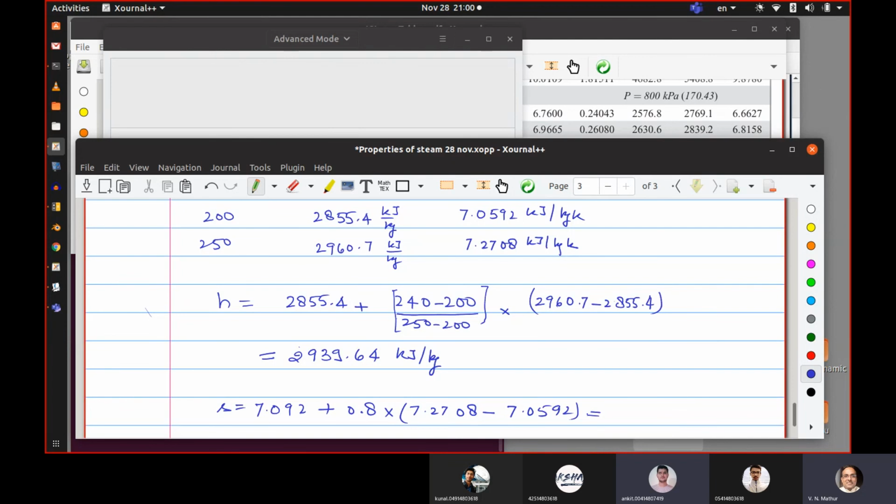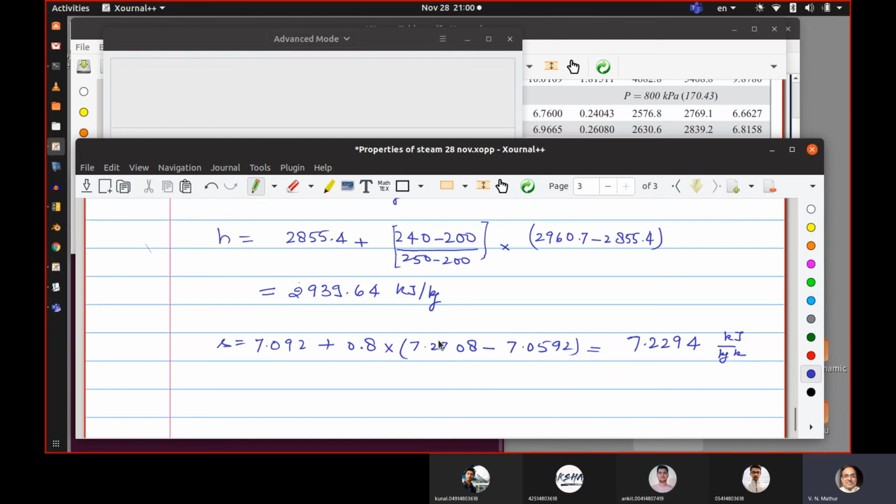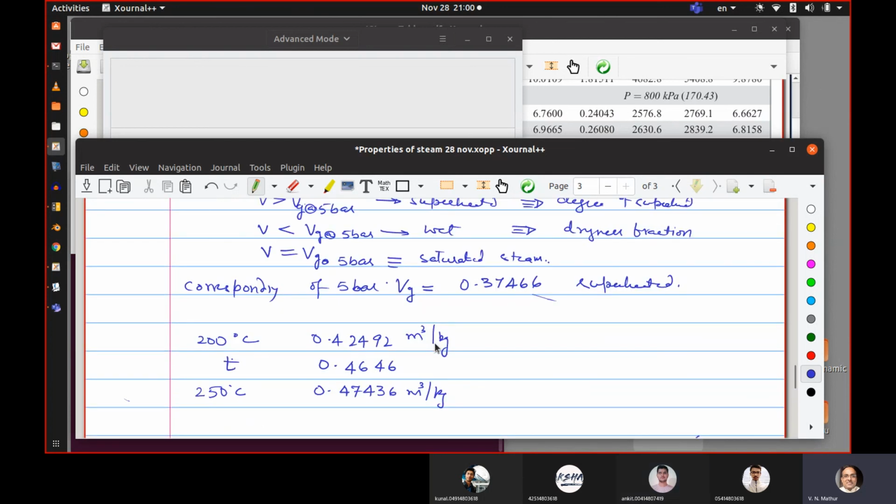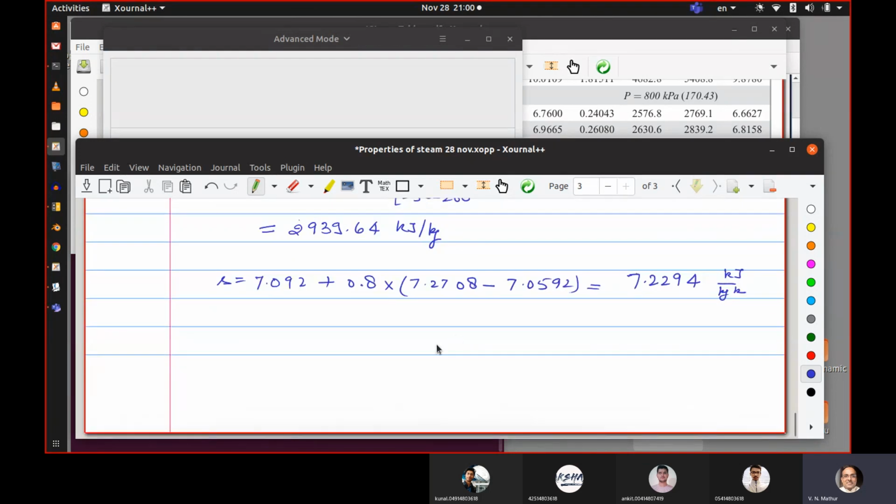Sir, 7.2294. That's good. I'm writing the values which you just said. 7.2294. Is this correct? So you can cross check. So let's do another part. This was F. Let's move to G part.